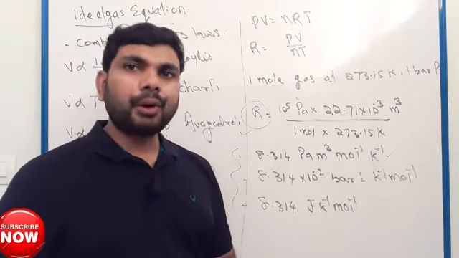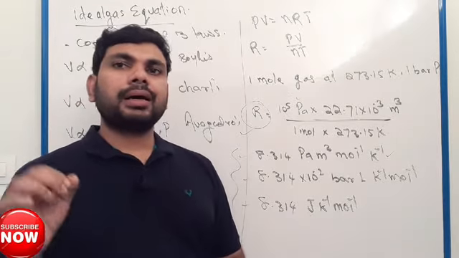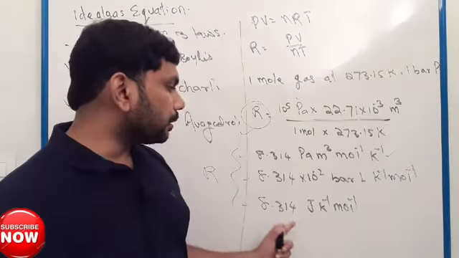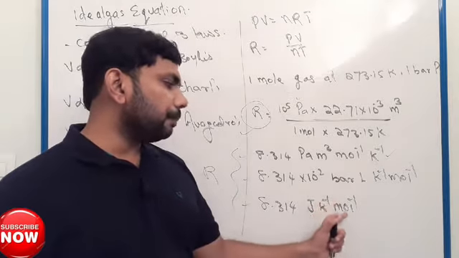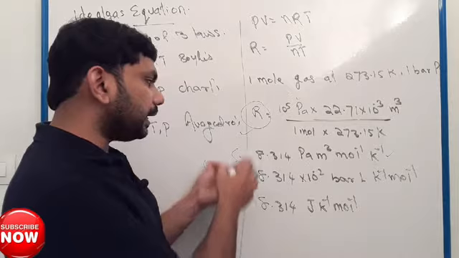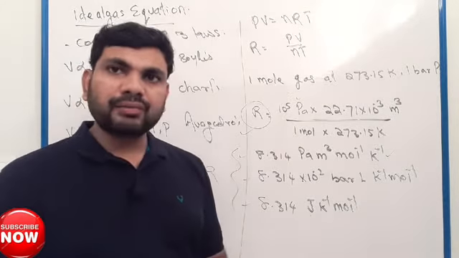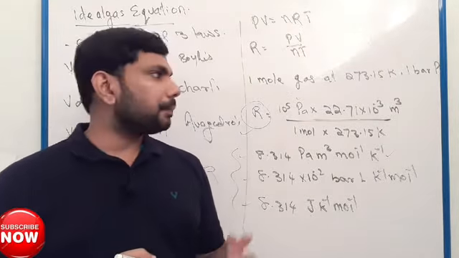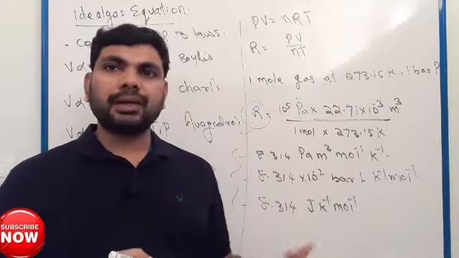Third one, 8.314 joule per Kelvin per mole. So remember the 3 different units of R. First, 8.314 Pascal m cube per mole per Kelvin.